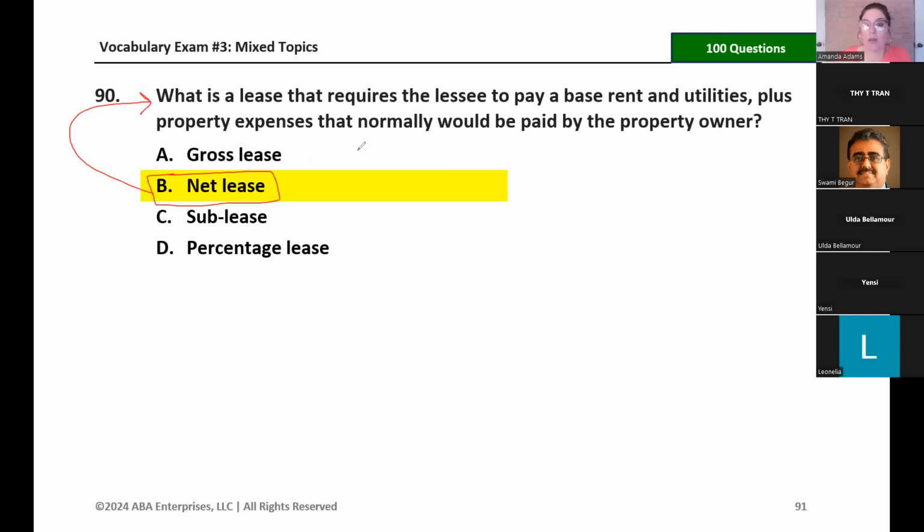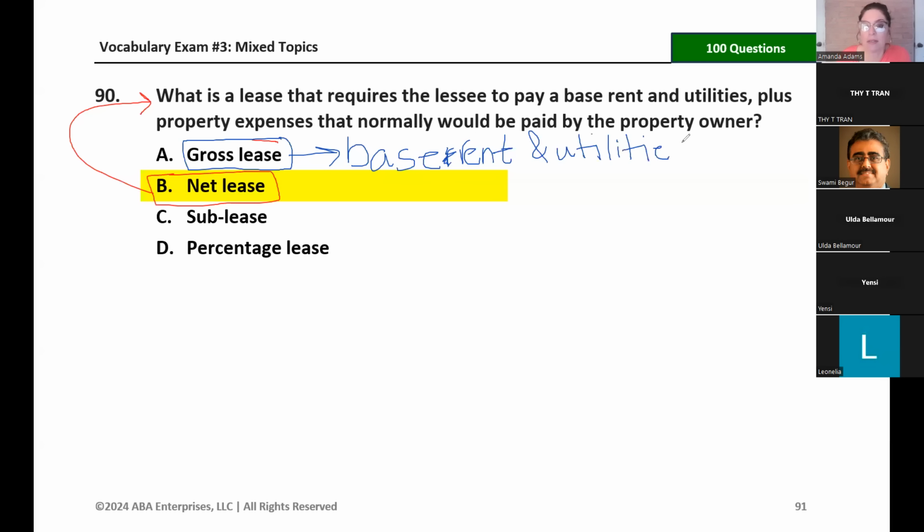Now, a gross lease, as I noticed a couple of you guys selected gross lease. Remember, a gross lease is what we typically see in residential. So if you're going to rent an apartment or a house or duplex, anything residential, normally your landlord is just going to charge you base rent, and you have to pay your utilities, right?